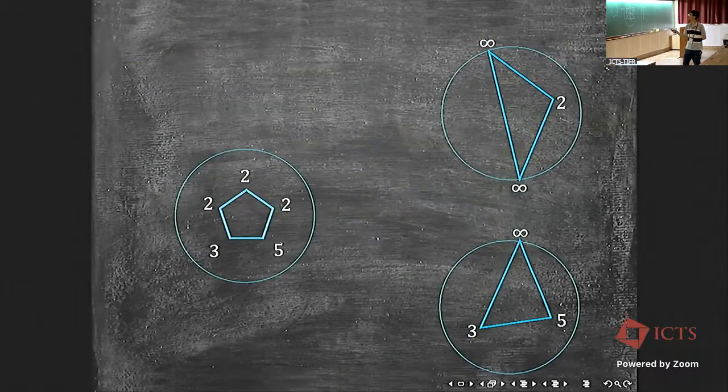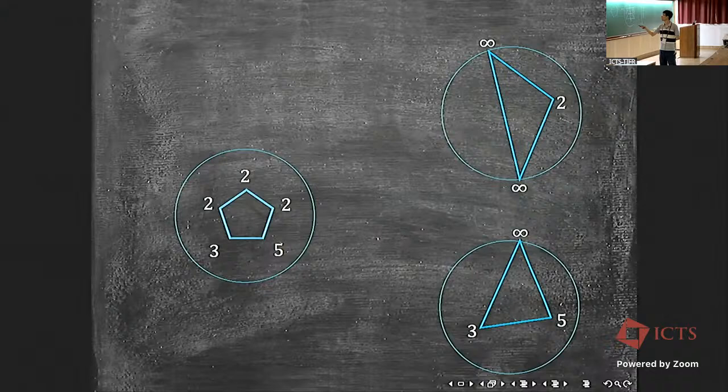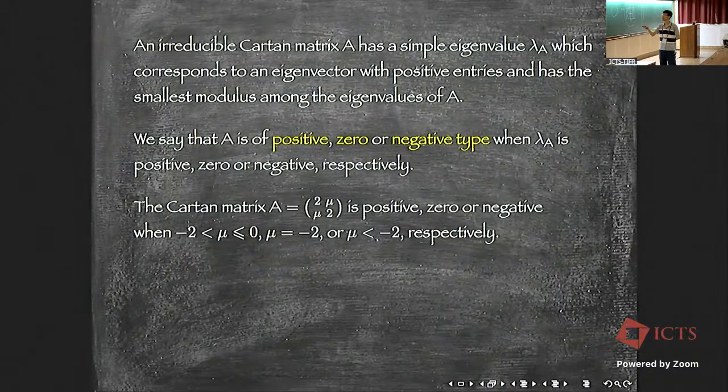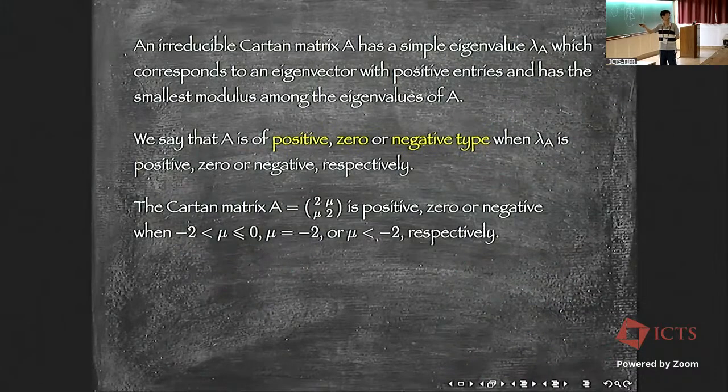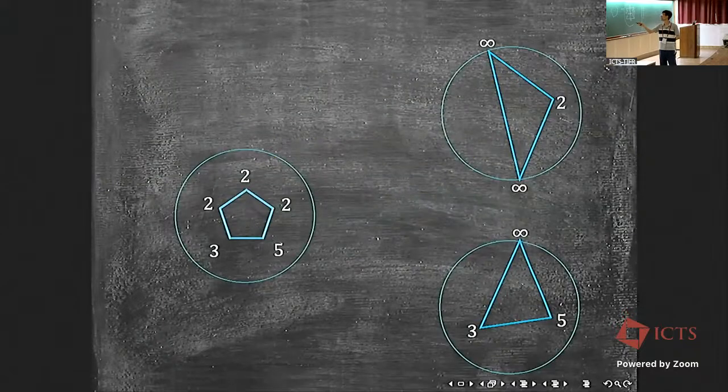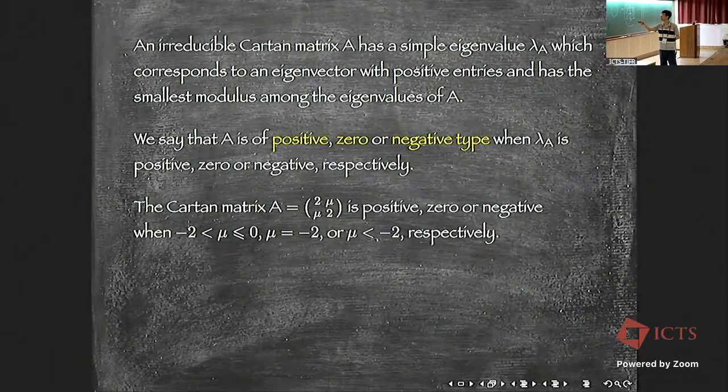So here, let's say this is the first and this is the second of the reflections. From here you consider this 2 by 2 Cartan matrix. It's the ideal case, exactly when μ equals −2. And then if you deform it, it becomes hyperideal. That exactly happens when μ is less than −2.